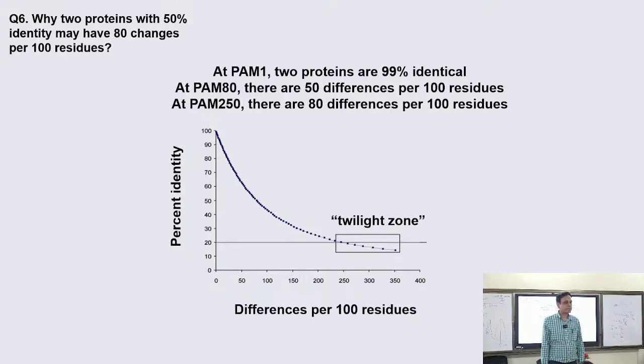Try to answer this question. Back mutation, okay. For example, L changed to B, and B changed to L. There are two changes, but when you align, it is L aligned to L. So this is one reason. Another reason?